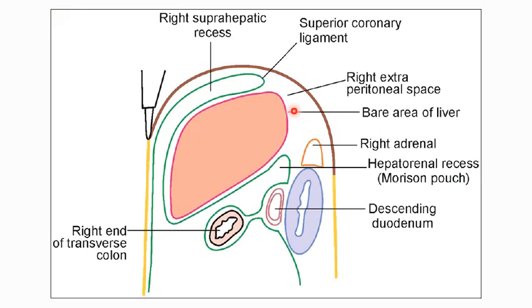Now let us talk about the boundaries of right anterior intraperitoneal compartment. So the space what we are looking at, this one is the right anterior intraperitoneal compartment. So the anterior boundary is diaphragm and anterior abdominal wall. So this one, the brown thing what you are looking at is the diaphragm and anterior abdominal wall.